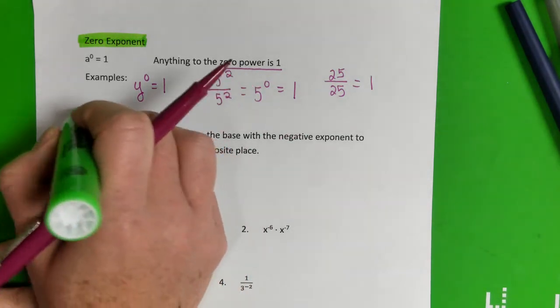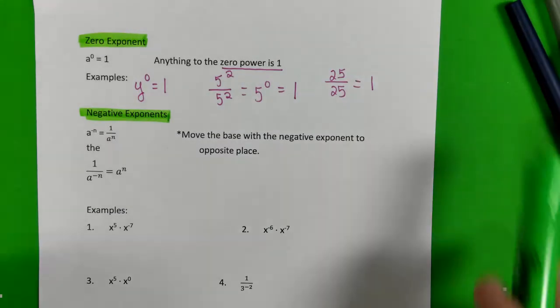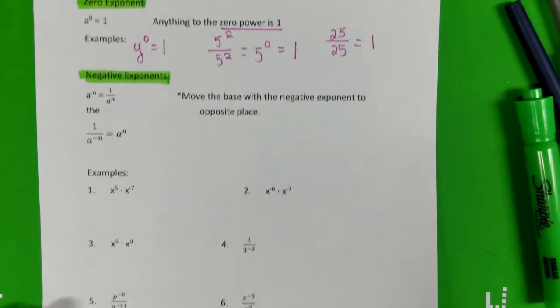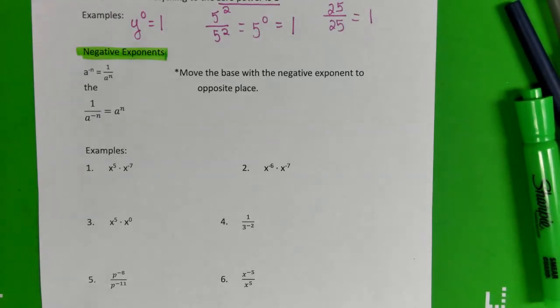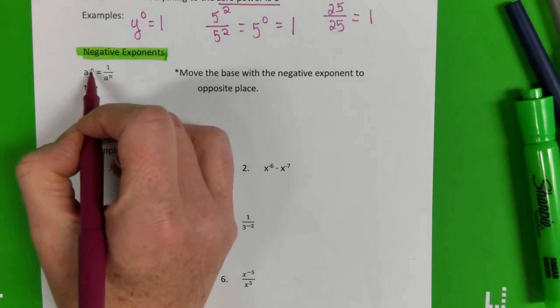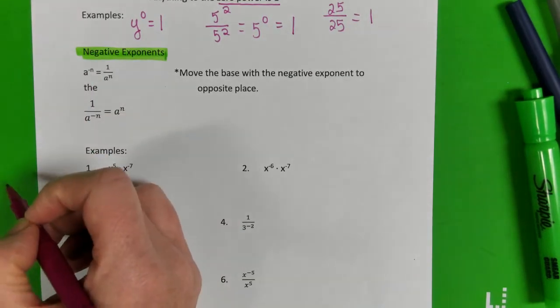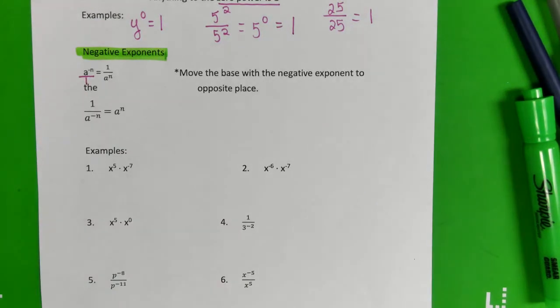Then we have negative exponents. Now this is where it gets a lot trickier. Here's our algebraic rule. If I have a to the negative n power, this is basically saying that it is in the numerator.